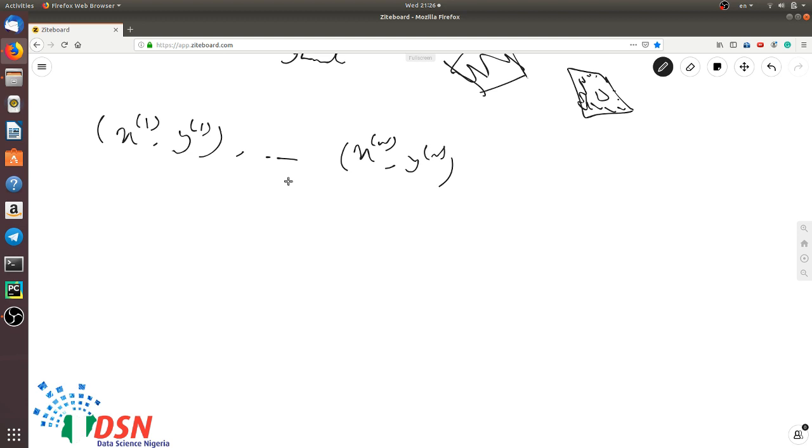And we want to find the function f that maps the input space to the output. Let's call it f of x with parameters w. This f could be a neural network or MLP.